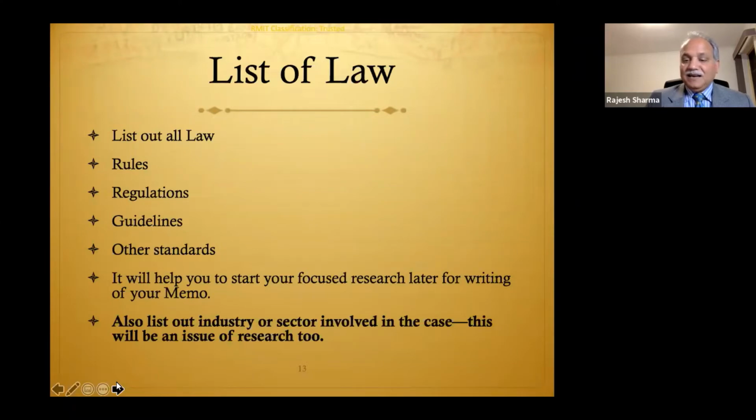Whether it is guidelines like the guidelines on conflict of interest, or ethical rules, everything which you find, you write it down. What is the purpose here? You are not doing anything else, but in one file, on one paper, you write it down so that later on, when you are going to write your memo, you understand that these are the laws you have to deal with and you have to do the research on that area.